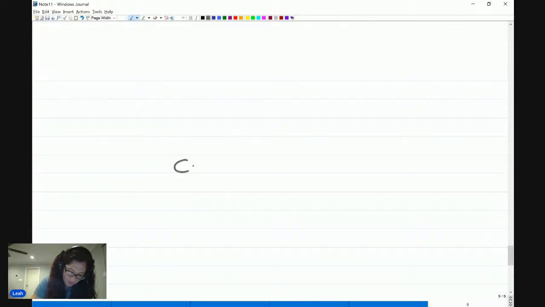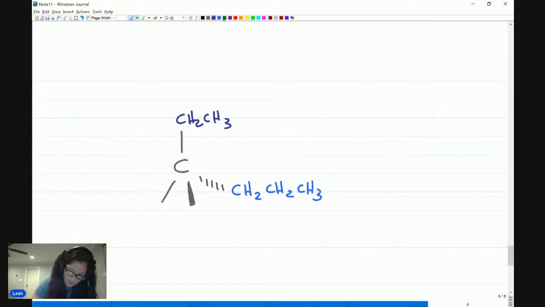We'll have our central carbon atom with 4 substituents. We'll make it a little bit trickier this time. So I'll give you a CH2, CH2, CH3. Here we'll have a CH2, CH3. Here we will have a C, CH3, and then we'll make this a longer chain like that. And then here we'll have a CH2, CH2.